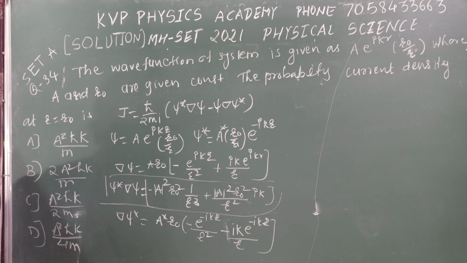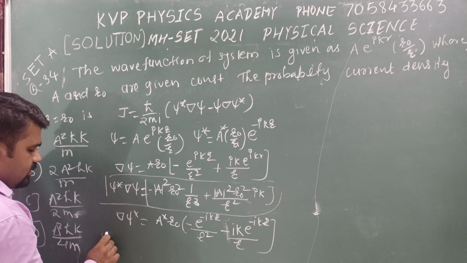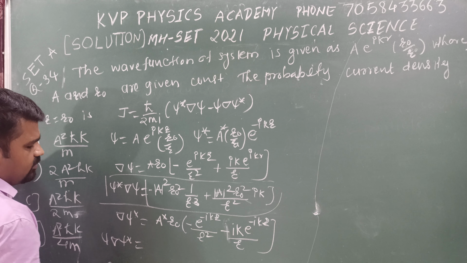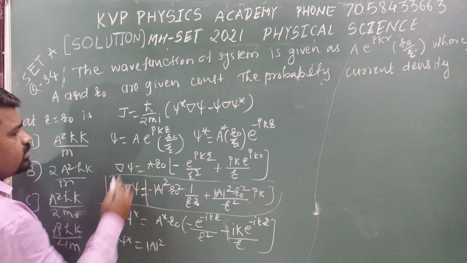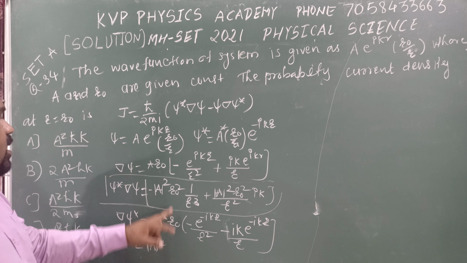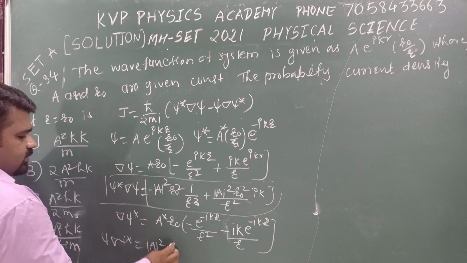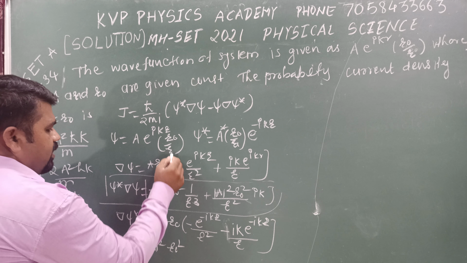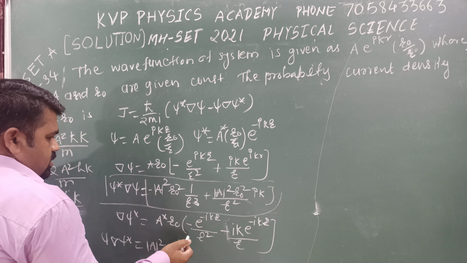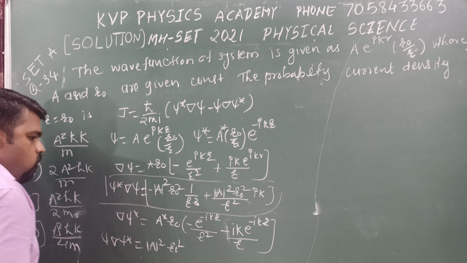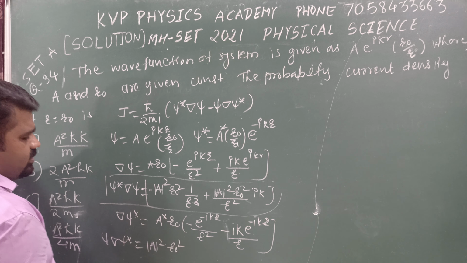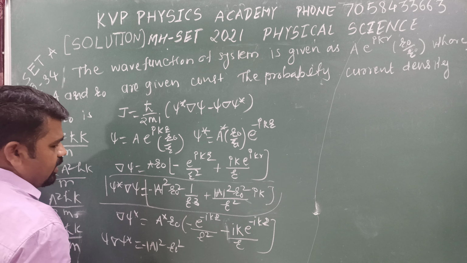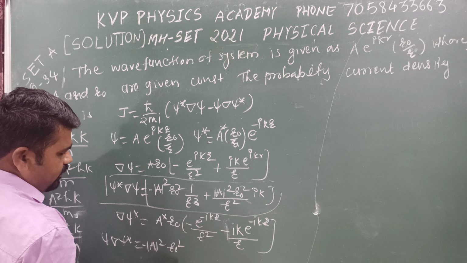Now again we multiply by ψ into ∇ψ*, which is equal to ψ, A* mod A squared r₀ squared. Here 1/r, here 1/r. Next 1/r and this is 1/r squared, means here minus 1/r³.